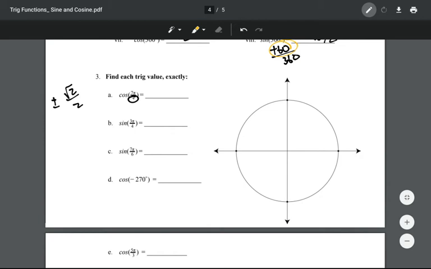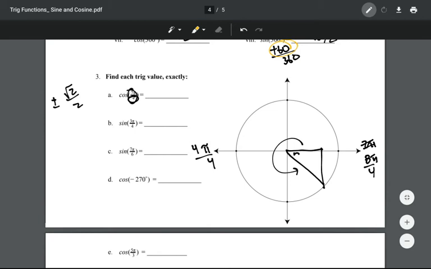7 pi fourths. Remember, I'm going to do everything in terms of a half of a rotation or a full rotation. In terms of fourths, a half is 4 pi fourths, and a full rotation is 8 pi fourths. Okay, that's super helpful because I'm going to travel 7 pi fourths. So I am just pi fourths shy.